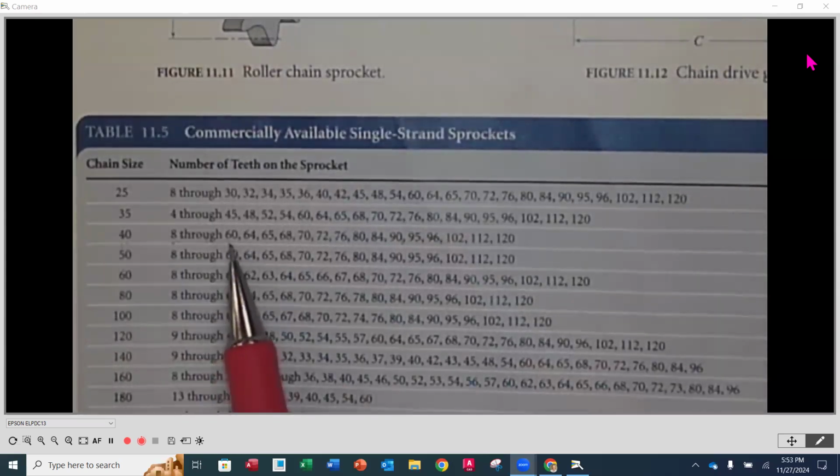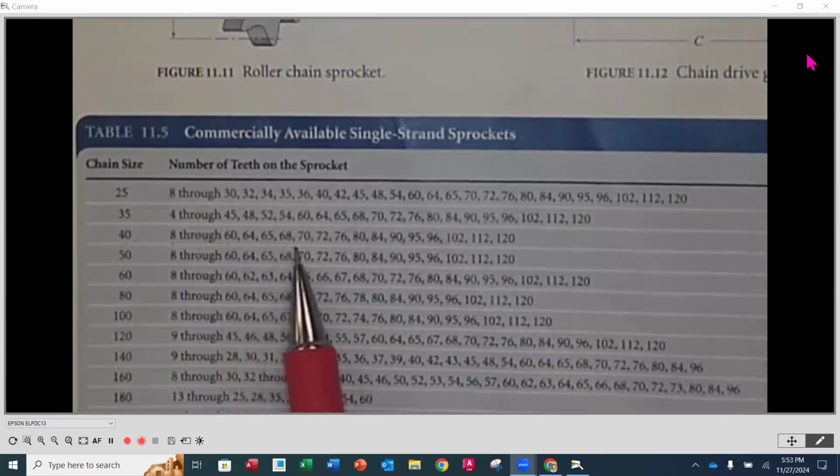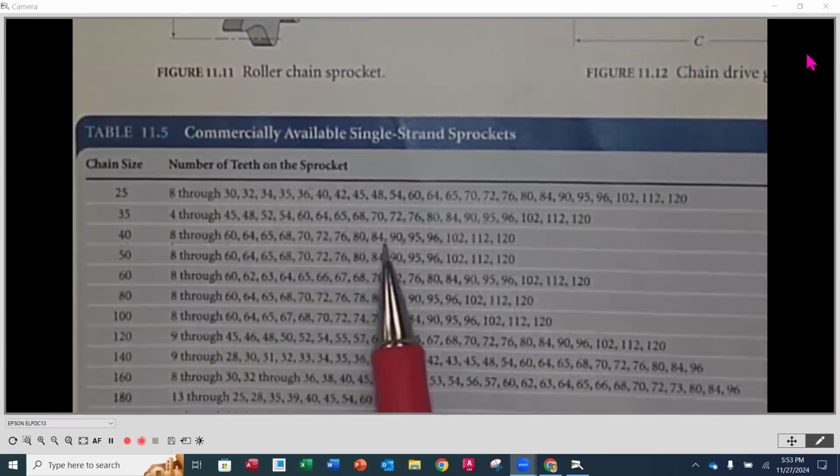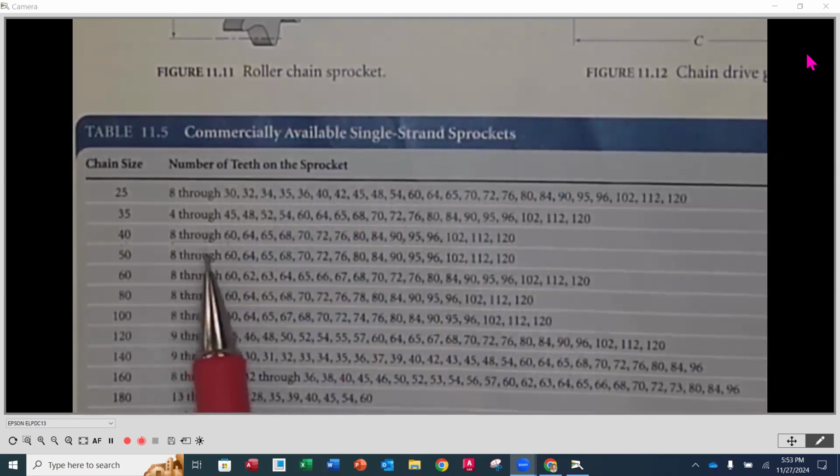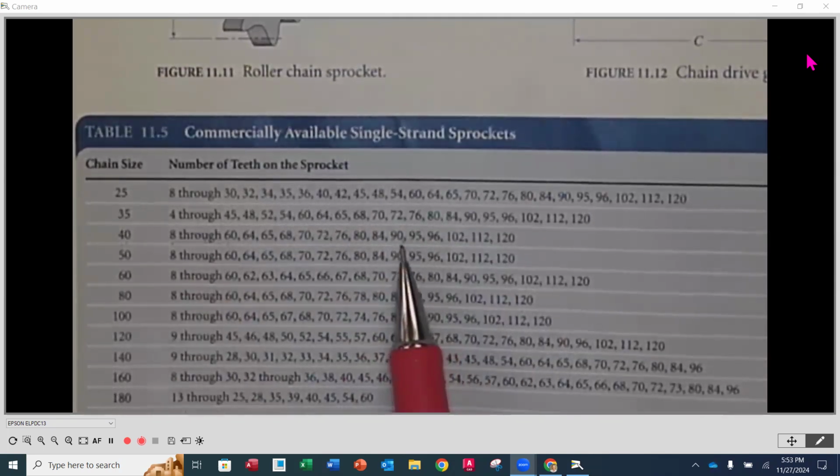After 60, it's not quite as consistent, but there is a 90 tooth sprocket. So we would have an 18 tooth, which would qualify between that 8 and 60, and then 90 gets us to the 240. Okay, so it's perfect.